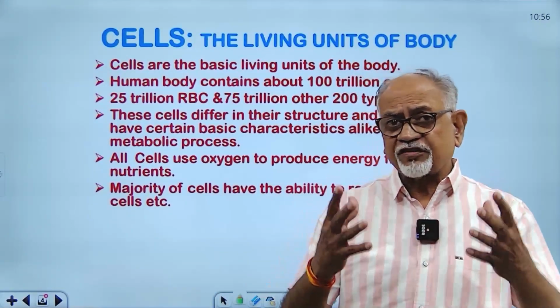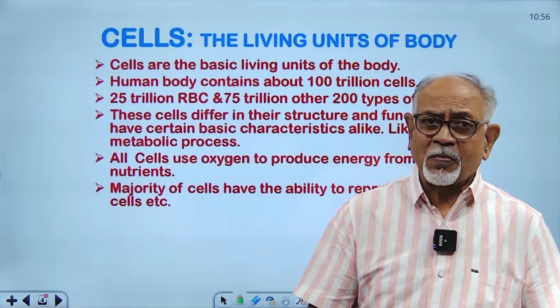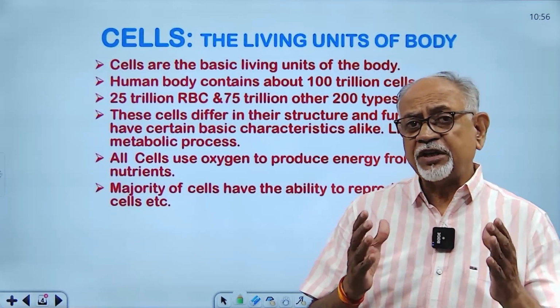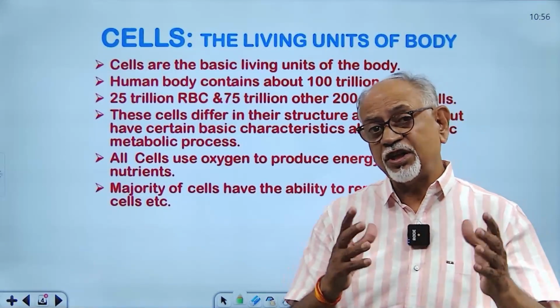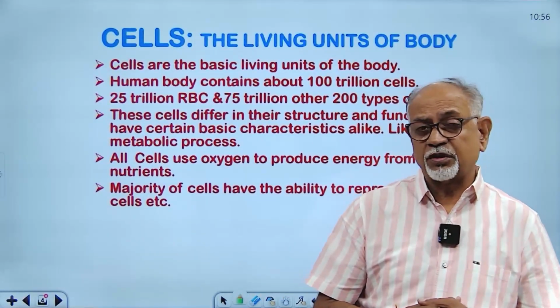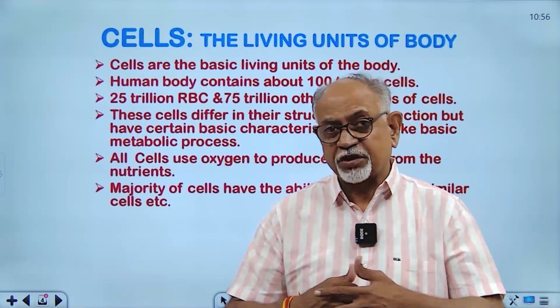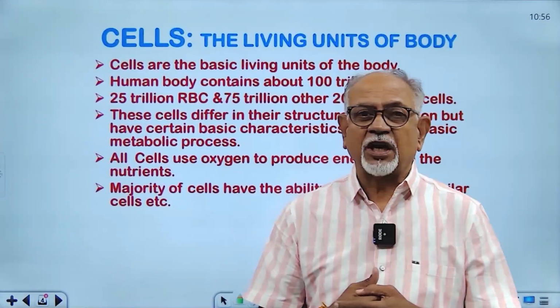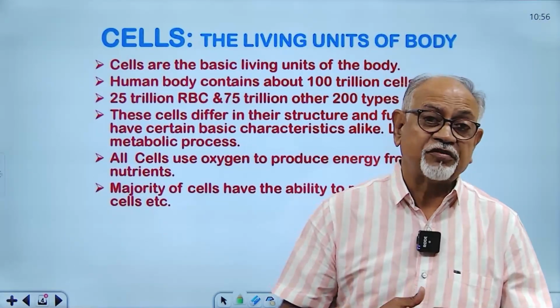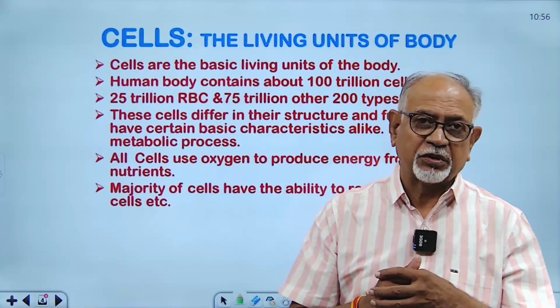But the best example is the RBC. The RBC has a limited lifespan of 120 days, that's 4 months, after which its membrane becomes brittle and they are destroyed. So, millions of RBCs are to be replaced daily.